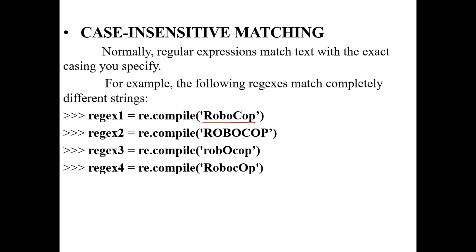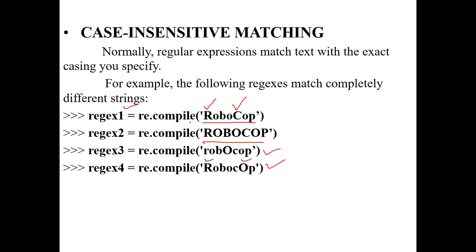In this pattern R is capital and C is also capital, so it is going to match a text in which R and C are capital. In the second case all letters in the pattern are capital, but in the next case only O is capital. In the last case only R and O are capital.